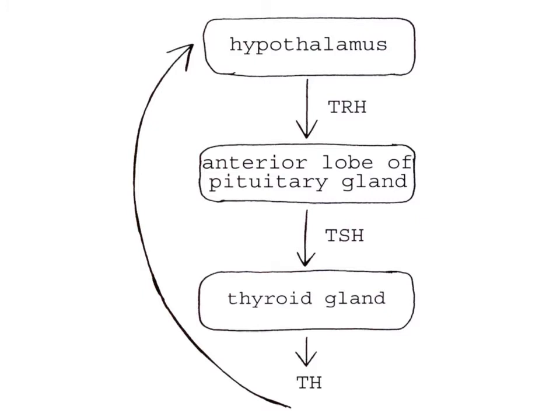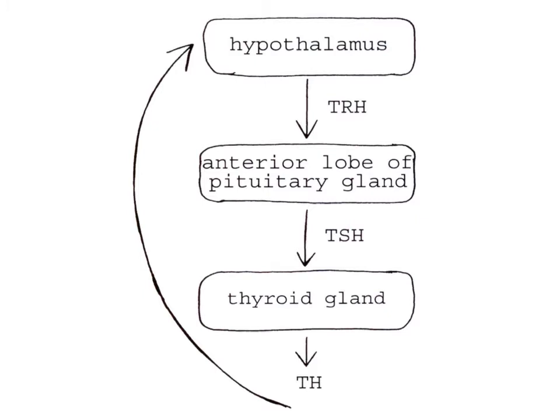And this is the hormone that stimulates the anterior lobe of the pituitary gland to produce thyroid stimulating hormone. So when there's not enough thyroid hormone in the blood, the hypothalamus will release TRH.